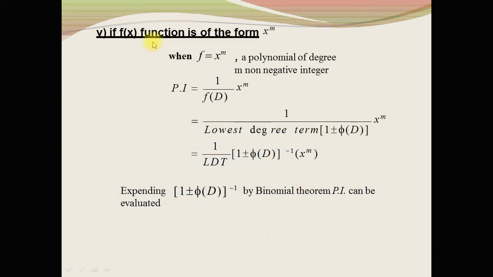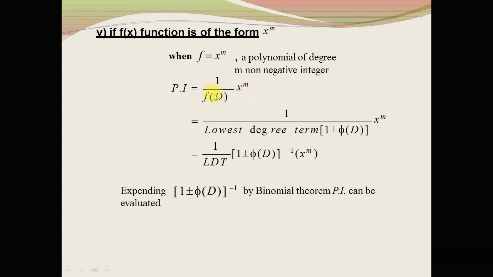Now case number 5, if the right hand side function is in the form of a polynomial, then the particular solution will be equal to 1 over the differential operator times x power m.